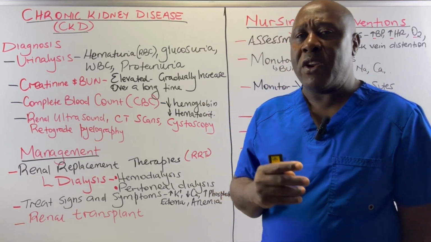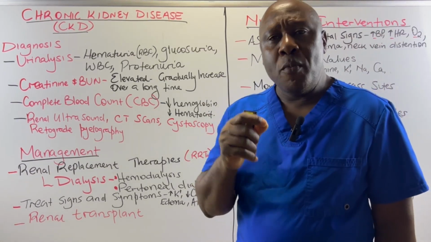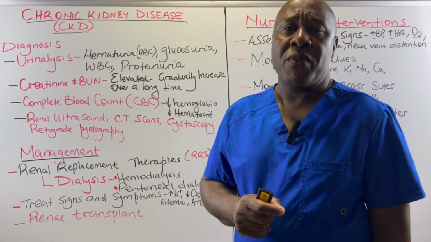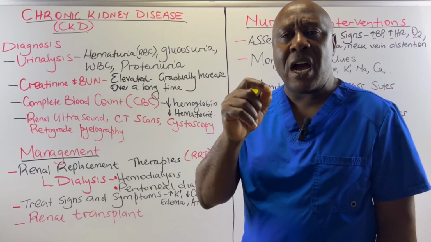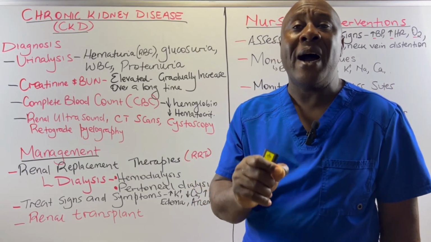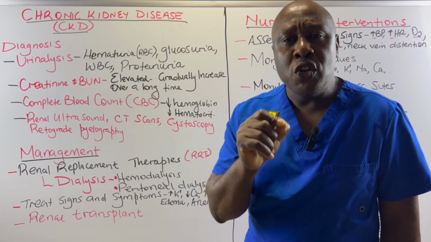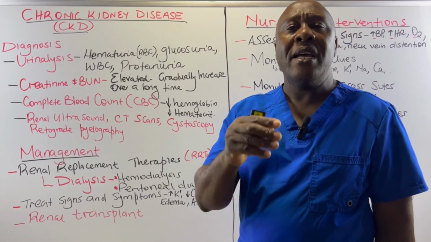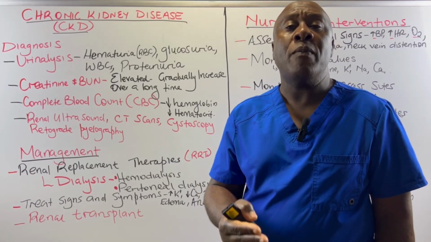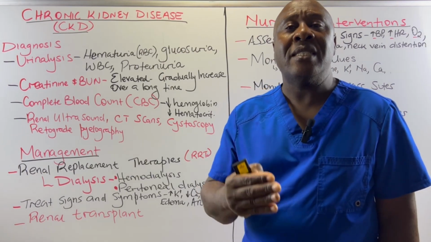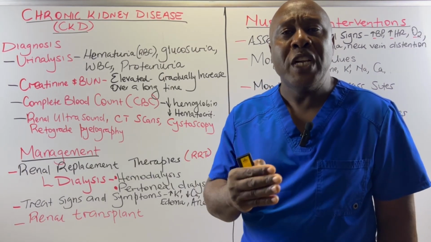Now, if you remember very well, we said that the glomerulus is semi-permeable, but it can only allow smaller particles to pass through. So we do not expect to find blood cells or proteins in the glomerular filtrate.